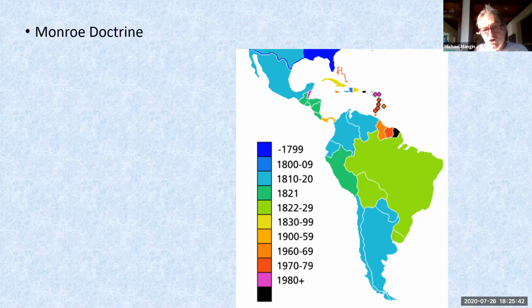In exchange, we said that the United States would stay out of European affairs, and this was the basis of the Monroe Doctrine.